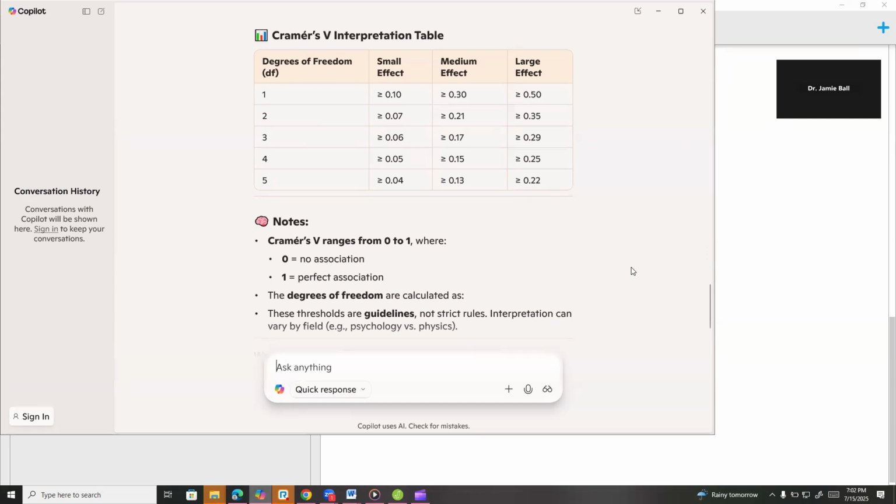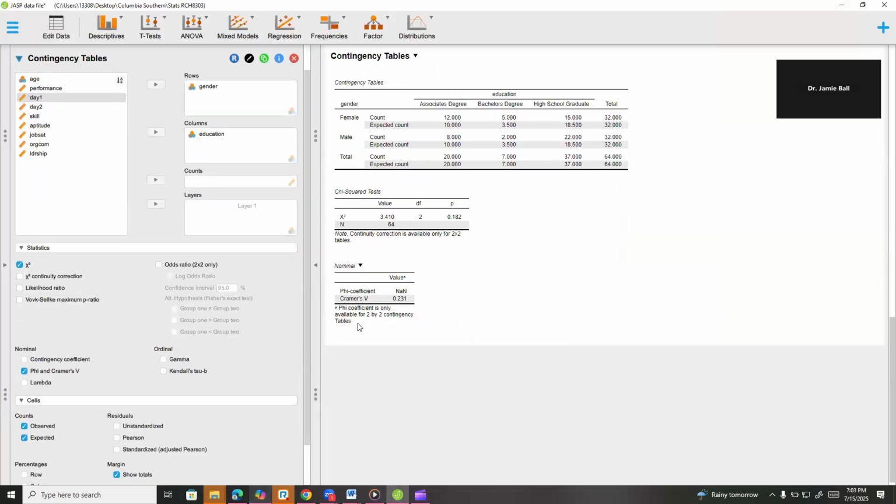All right, and you can see Cramer's V ranges from 0 to 1. 0 is no association, 1 is a perfect association. Okay, so if you have a significance, add a Cramer's V and an effect size to that.